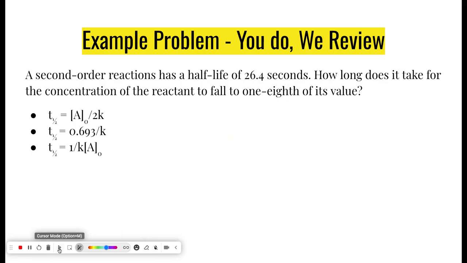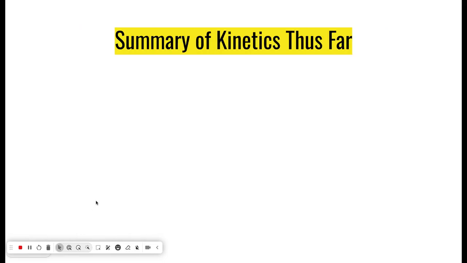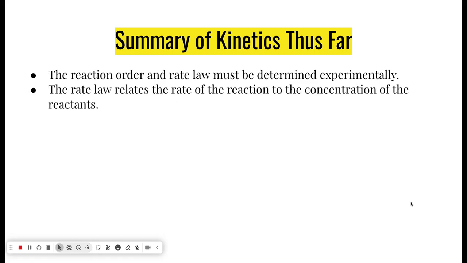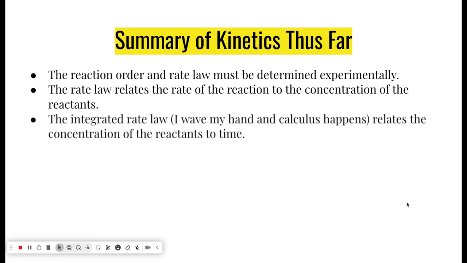Okay, let's continue to our last slide of the day, which is just a summary of kinetics thus far. So the reaction order and the rate law must be determined experimentally. Okay, so that's the first thing. Second, the rate law relates the rate of the reaction to the concentration of the reactants. Third, the integrated rate law, which is when I wave my hands and calculus happens, relates the concentration of the reactants to time.